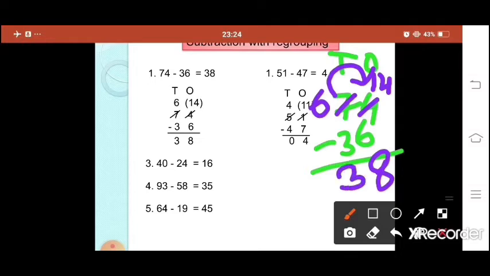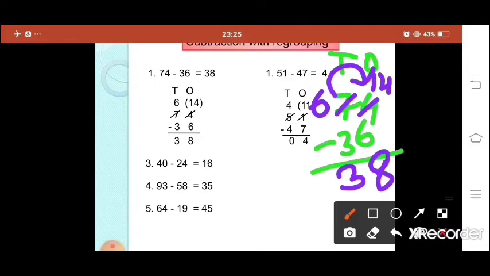So what I am doing here: the first number is called the minuend, the second one is called the subtrahend.